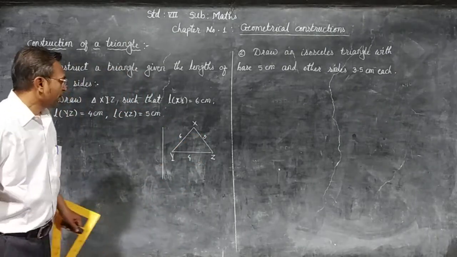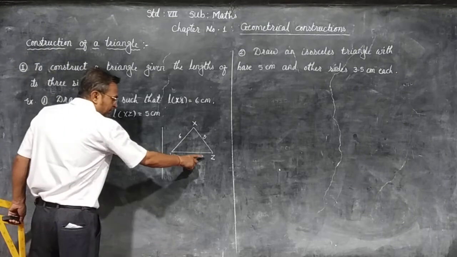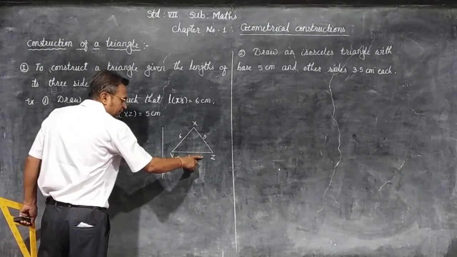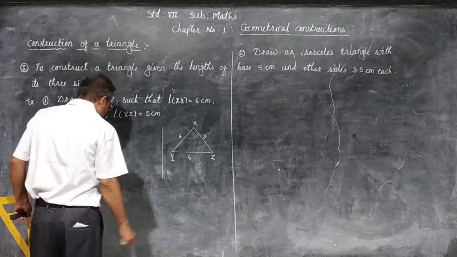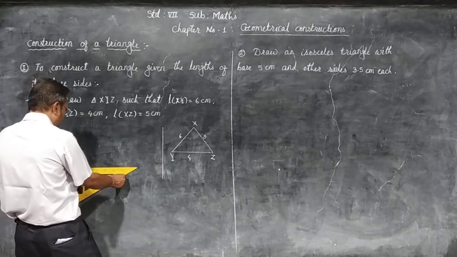First we will draw the base. Base is side YZ. What is the length of YZ? 4 cm. Therefore, draw 4 cm.